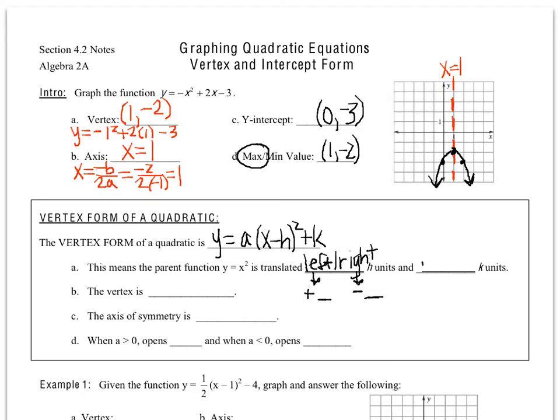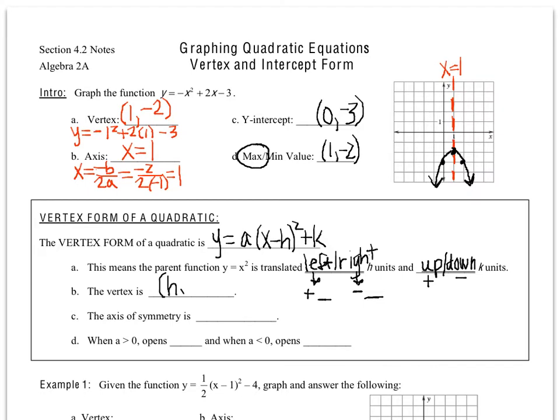And then it also goes up or down k units, and that goes the way you would expect it. If it's plus k, it goes up. If it's minus k, it goes down. The vertex, when it's in vertex form, we can easily tell the vertex of our graph.